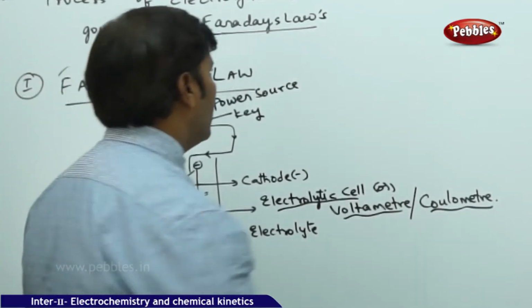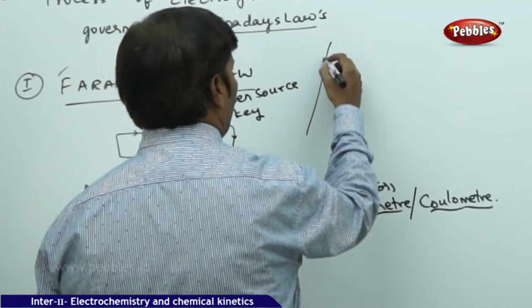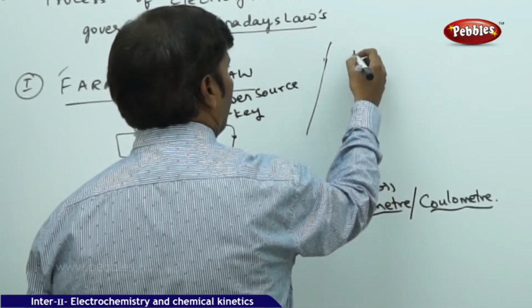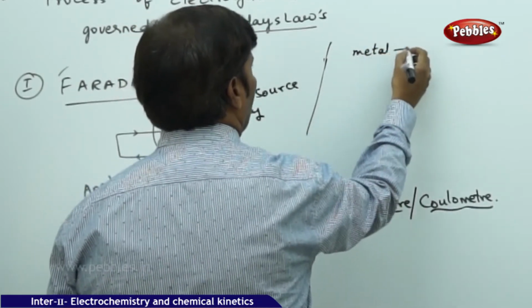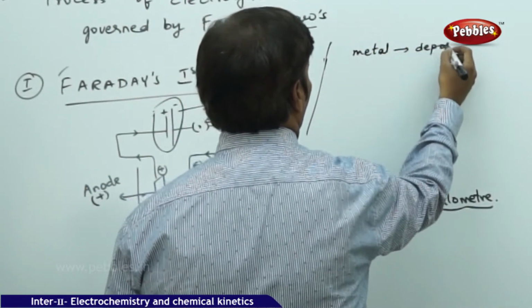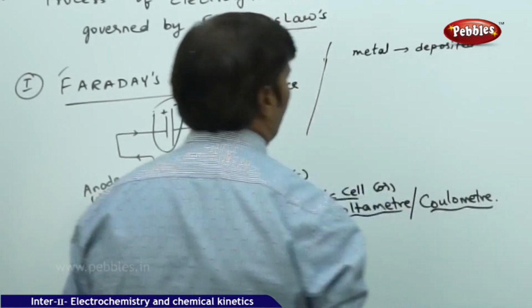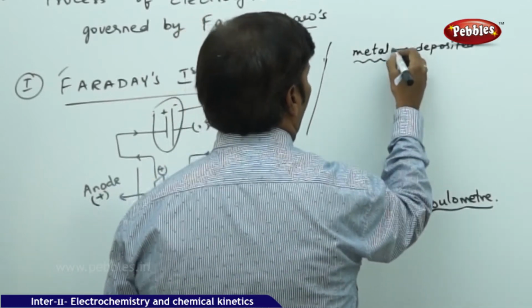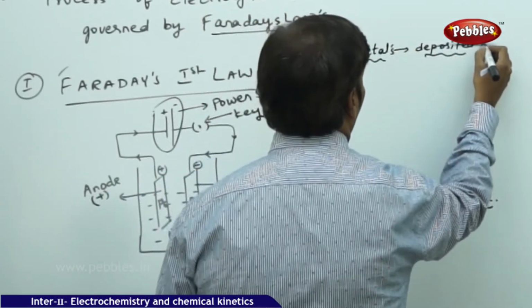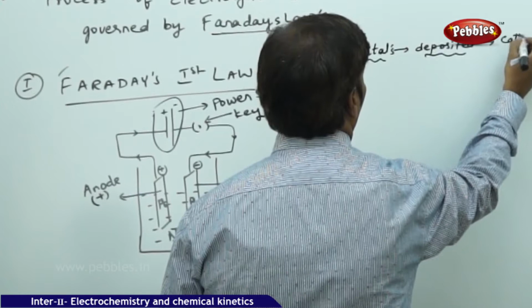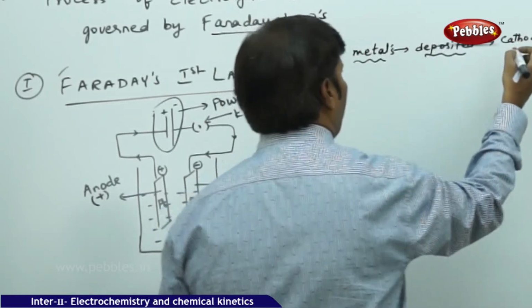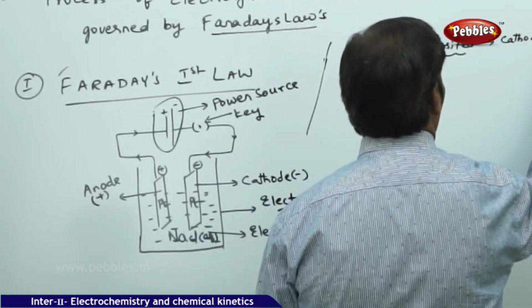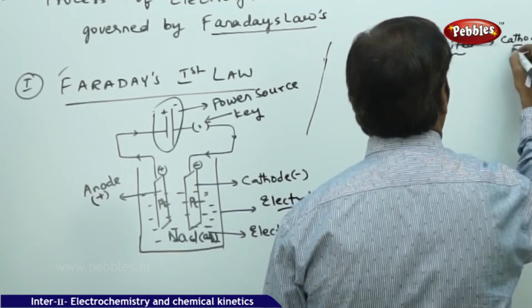But one thing you have to understand here is, during electrolysis metals are always deposited. The terminology we have to use in electrolysis is that metals are deposited. The deposition can take place at cathode or anode. There is no condition that they always have to deposit at cathode or anode.